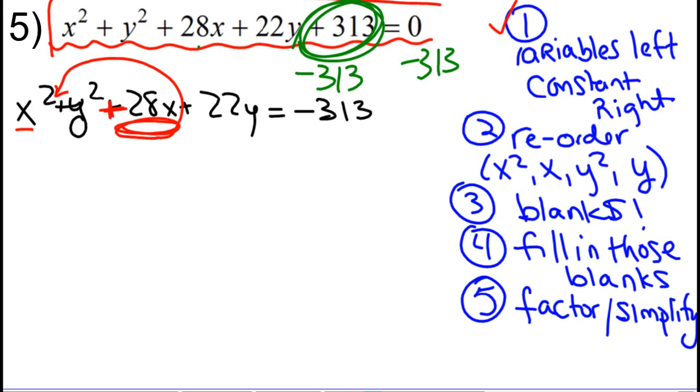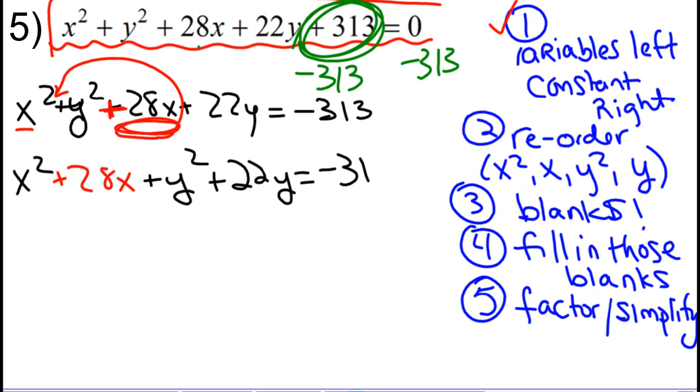But again, it's just a movement. It is not me adding or subtracting things from both sides. It's just me reordering, reorganizing, and moving things where they need to go. So my second step: x squared, I'm going to move that plus 28x in front of that y squared. I'll now have plus y squared plus 22y equals negative 313 still. So second step, done.